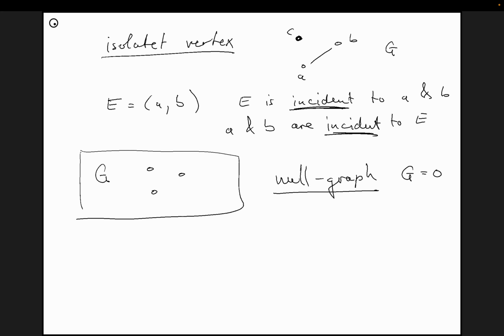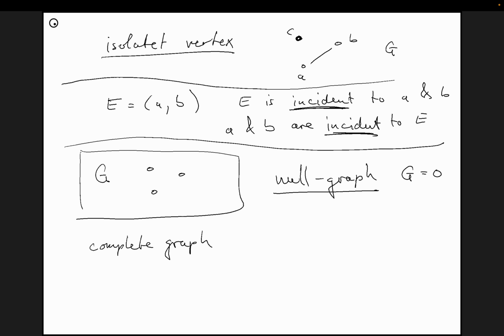Now let's take a look at a complete graph. So we can maybe say this is a definition, this is a definition, this is a definition. And now we come to the complete graph.